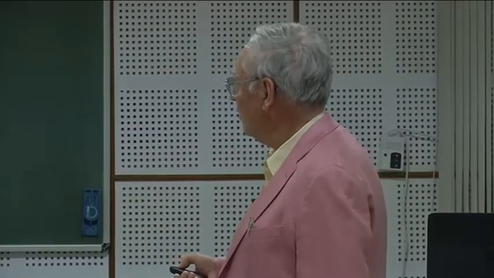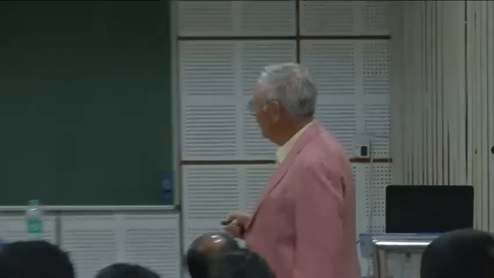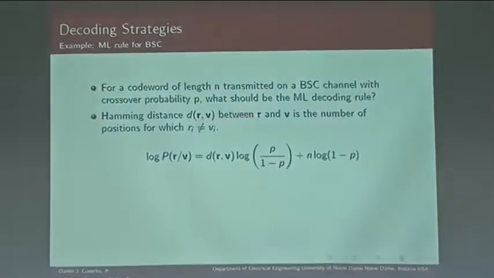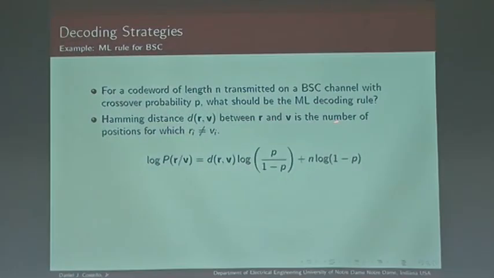Okay. So we're going to let this d of r and v, called the Hamming distance, be the number of positions in which r and v differ. Those are the positions for which this conditional probability will be epsilon.